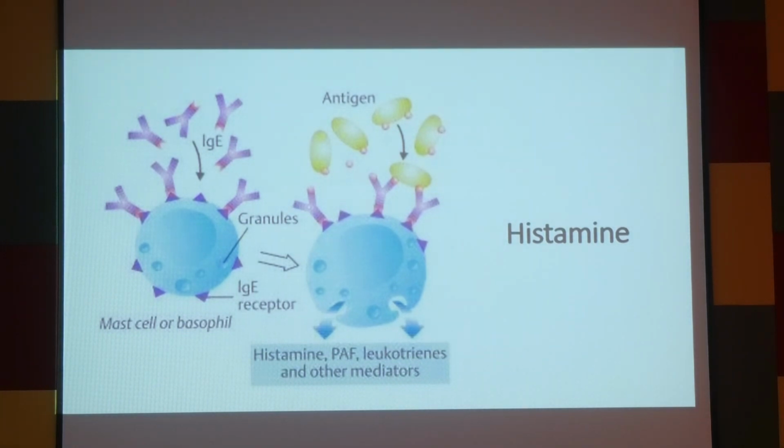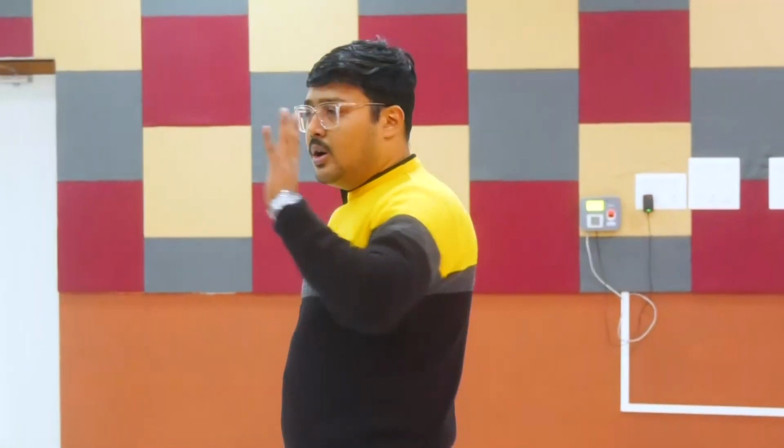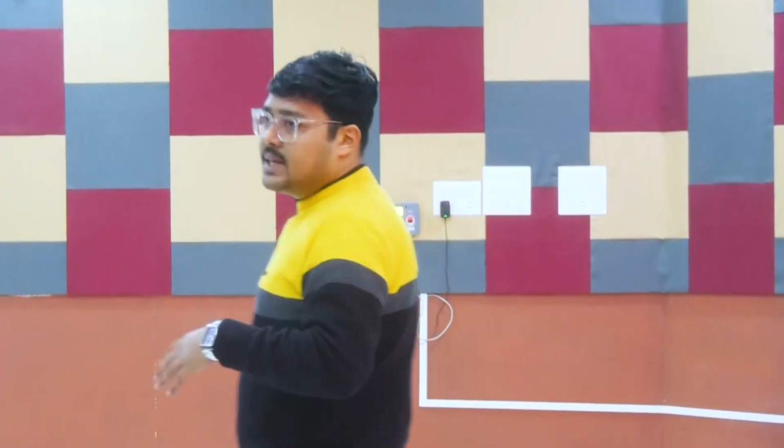They have granules and they have IgE attached to their surface. Immunoglobulin E is the chief antibody to combat allergic reactions. Whenever there is any allergic reaction or atopy situation in our body, the most pivotal role is played by immunoglobulin E. Whenever an antigen binds to the antigen binding site of immunoglobulin E, degranulation occurs from the cells.